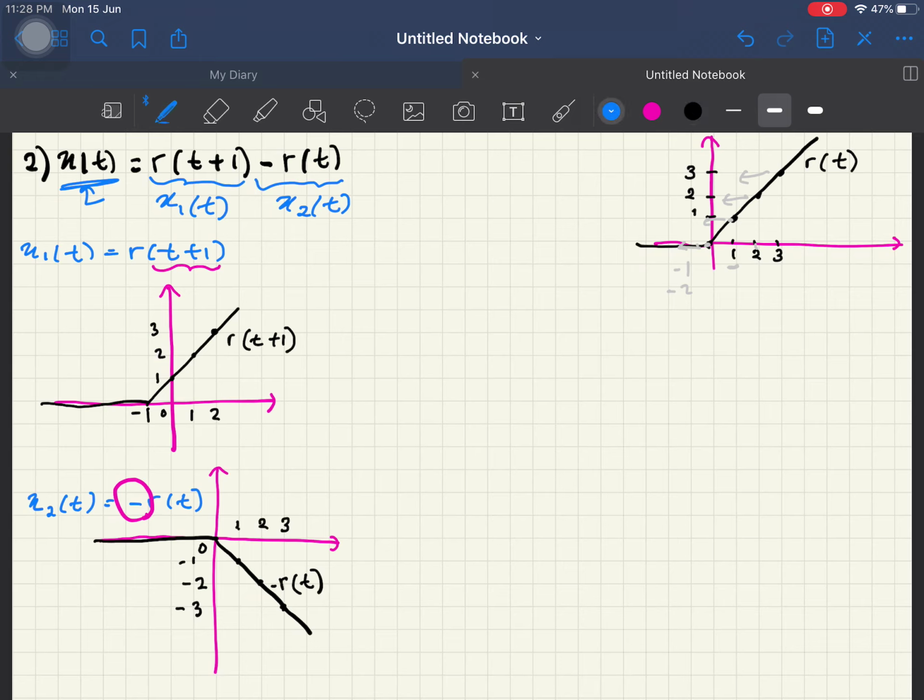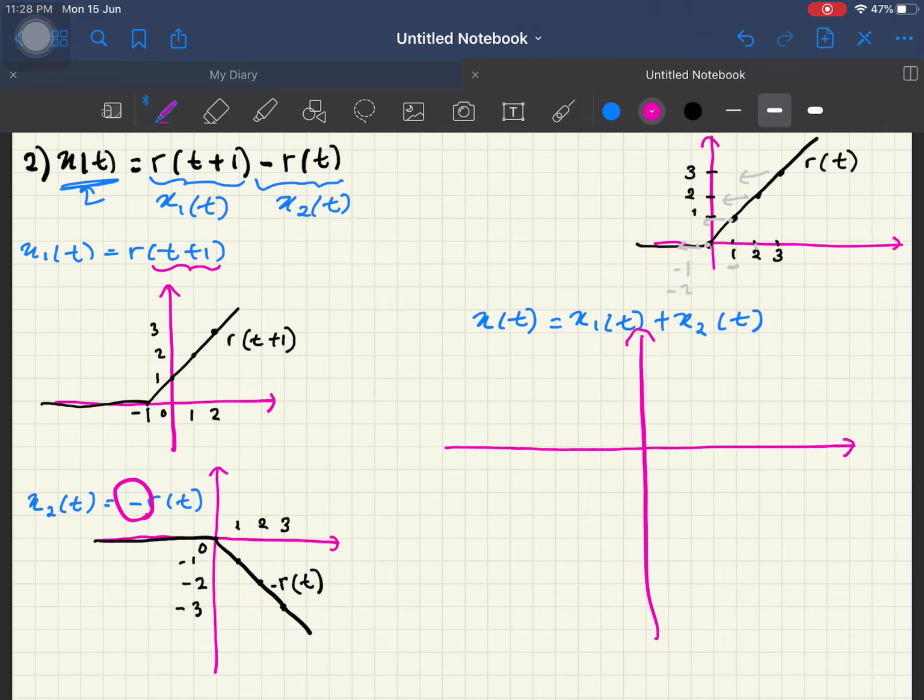So the resultant signal, which is x of t, is simply the addition of x1 and x2. If I am to plot x of t, let's add these two signals.